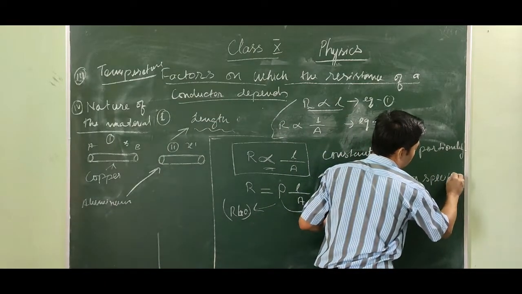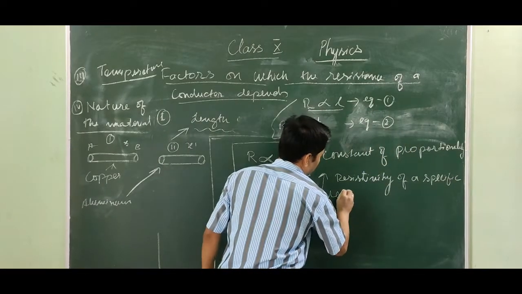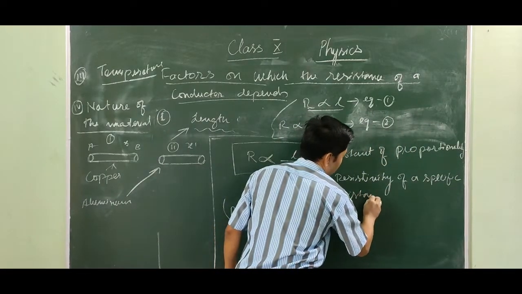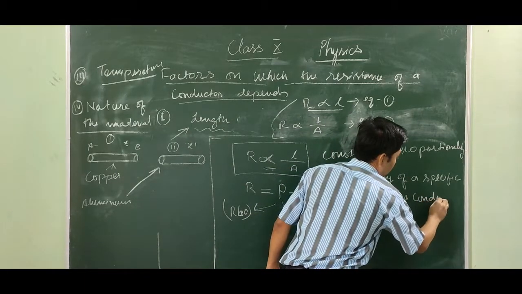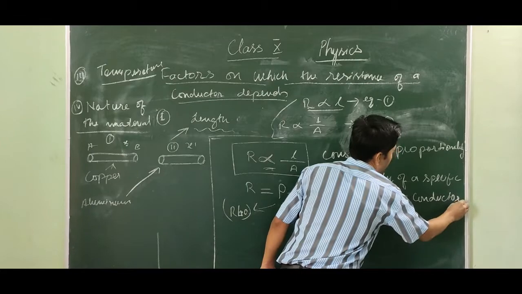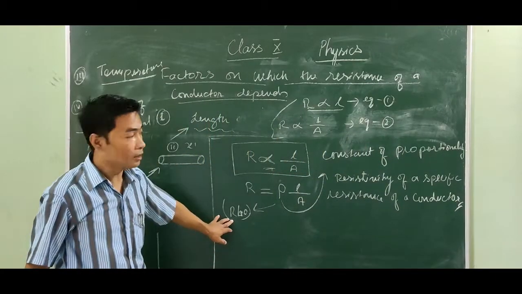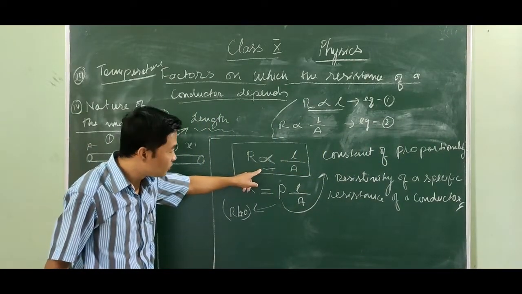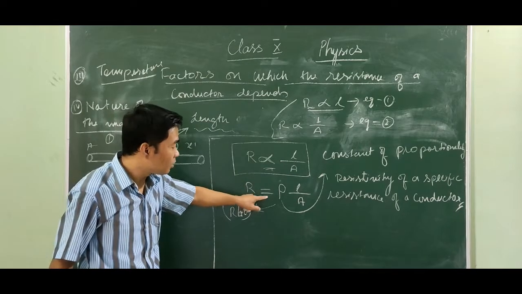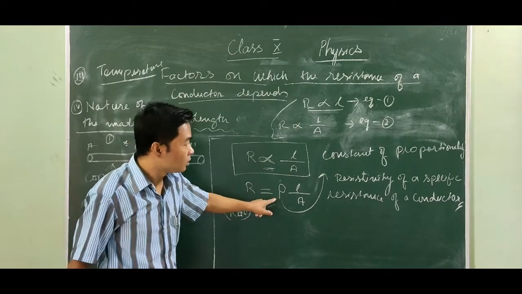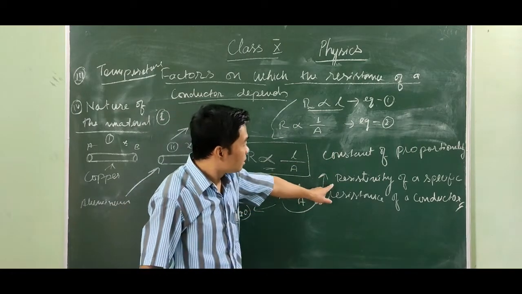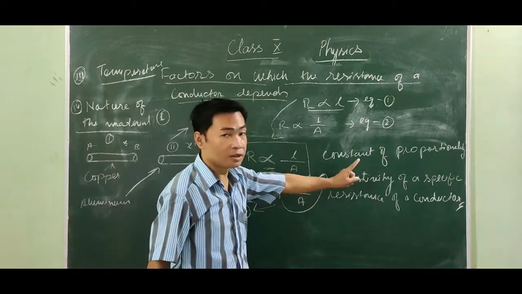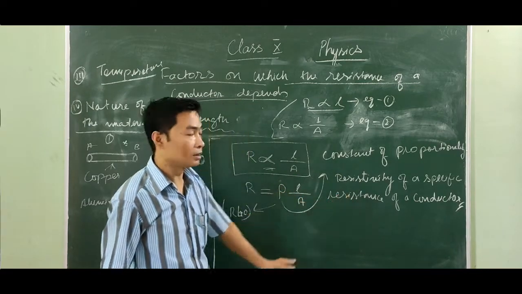When there is a proportionality, we can replace it by giving a constant which is called rho, equal to the constant of proportionality. Rho is the resistivity, or specific resistance, of a conductor.